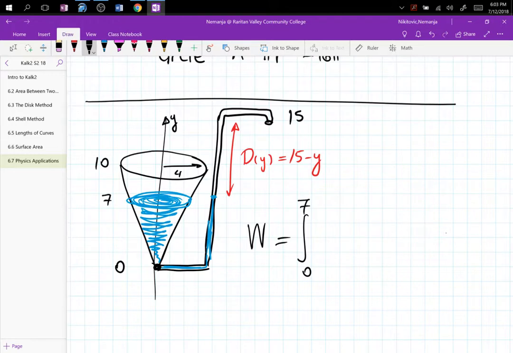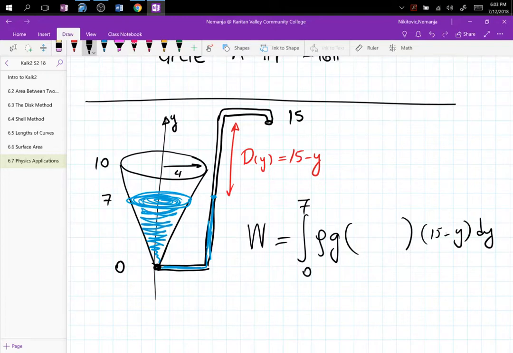So that's that. We have our rho g. Our area goes here. I already know this is 15 minus y dy, so we're good. The only issue that I have here is the area, because the area in the cone is going to depend on the height of the liquid in the cone.